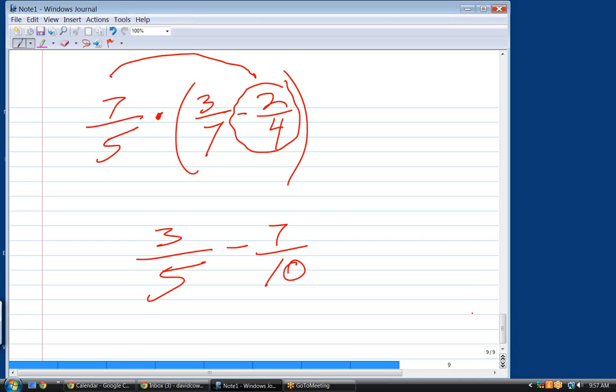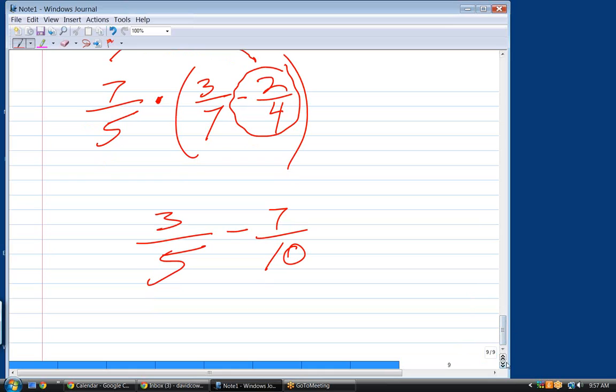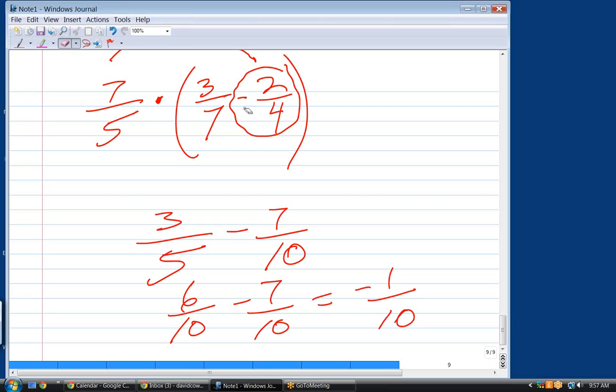What am I going to turn my 3/5 into? 6/10. 6/10 minus 7/10 is minus 1/10. Whereas if I go the other way, I'm going to have some number of 28ths multiplied by this. I'm going to be dealing with giant sized numbers.